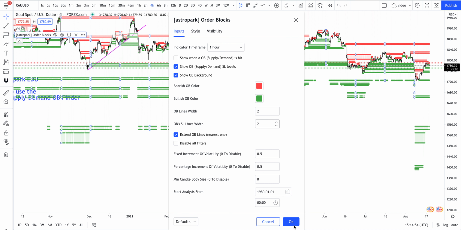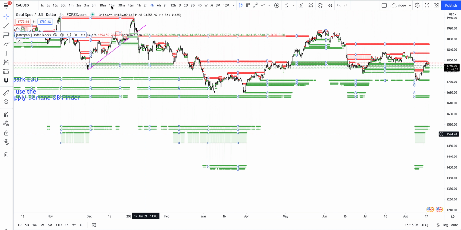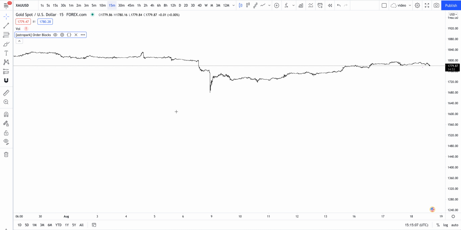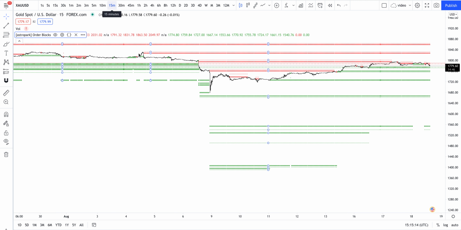I suggest really the contrary. So let's move to 15 minutes, for example. It's useful to see 1 hour zones if you are on 15 minutes, some kind of zones that are much more important.